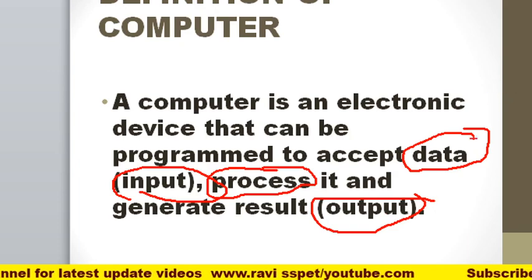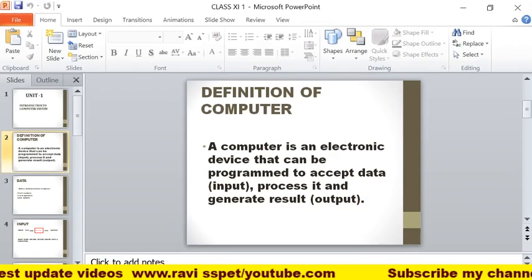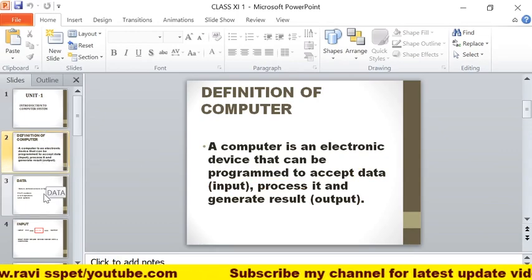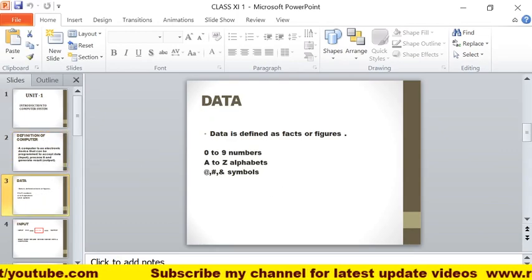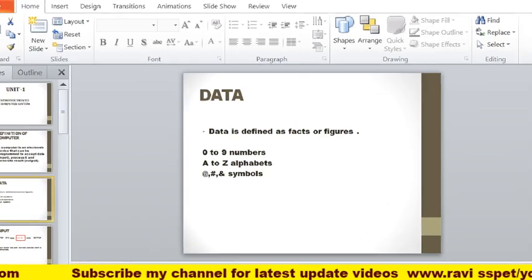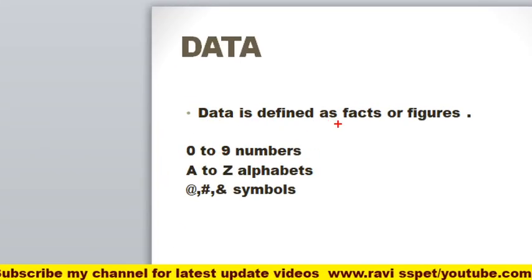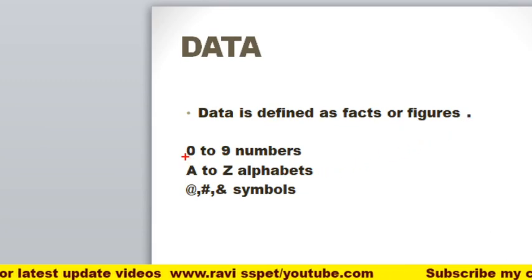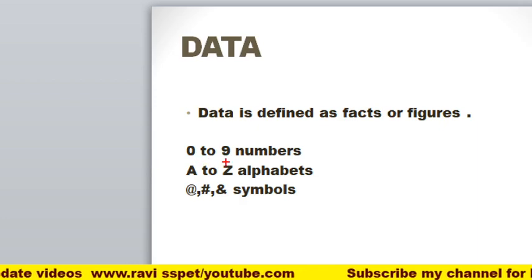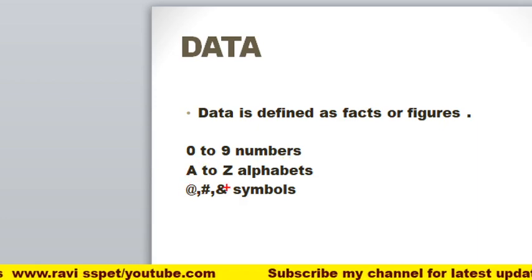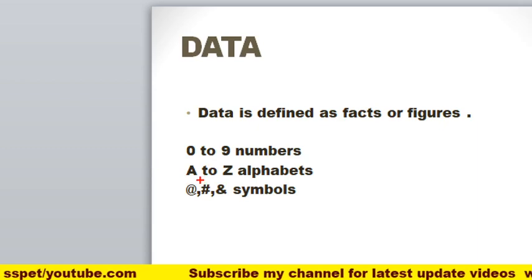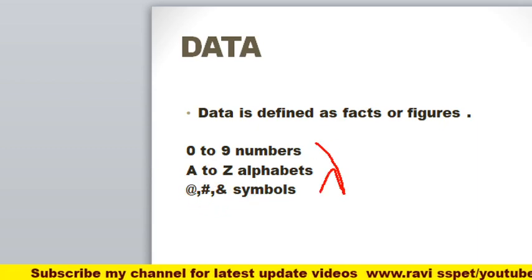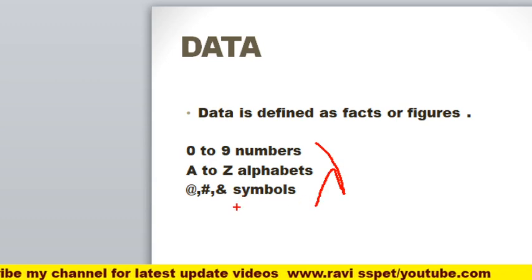Now let us see what is meant by data first of all. Data is defined as facts or figures. That means in the keyboard, if we give 0 to 9 numbers, or A to Z alphabets, or whatever symbols are there on the keyboard, these three we can call data.